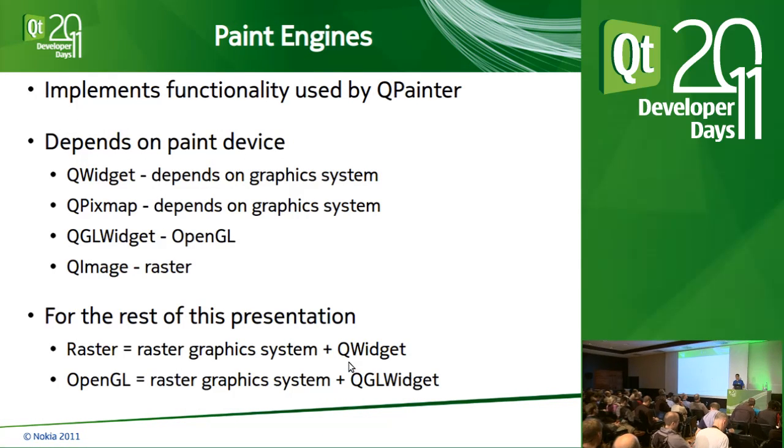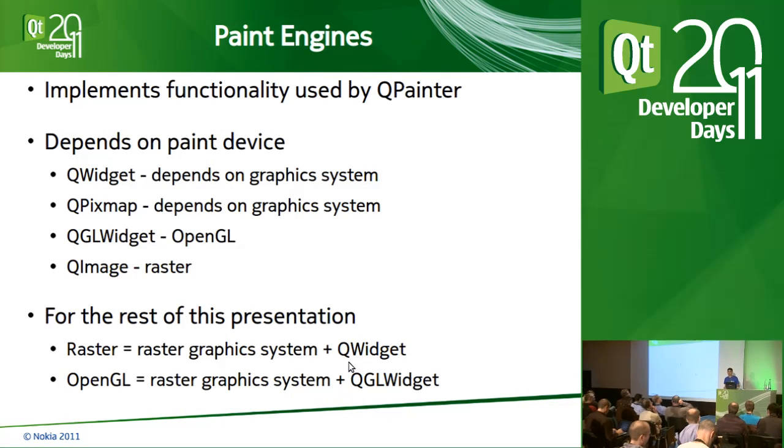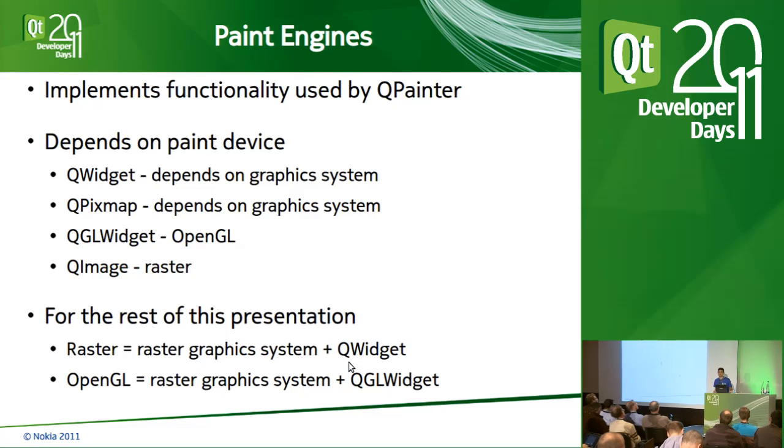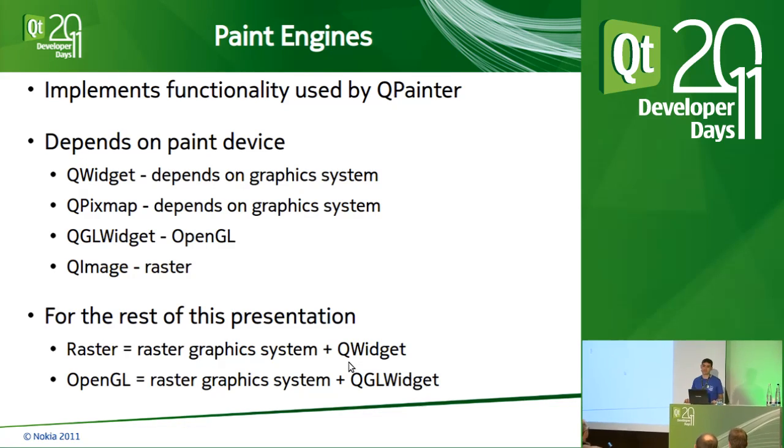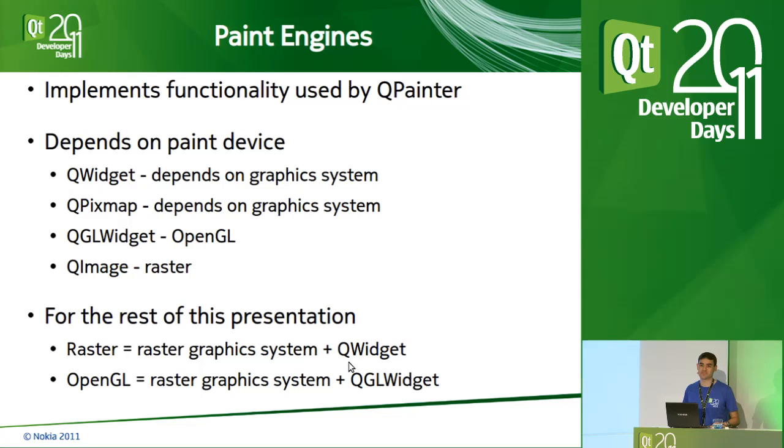So the paint engines define how to render to the surface. It implements functionality used by the QPainter in a way that makes all the surfaces look the same from the painter's point of view. The paint engine depends on the type of surface you're rendering to.